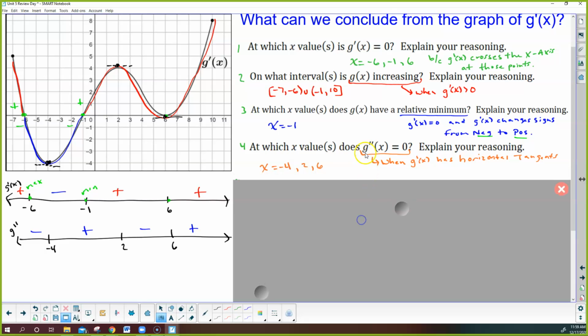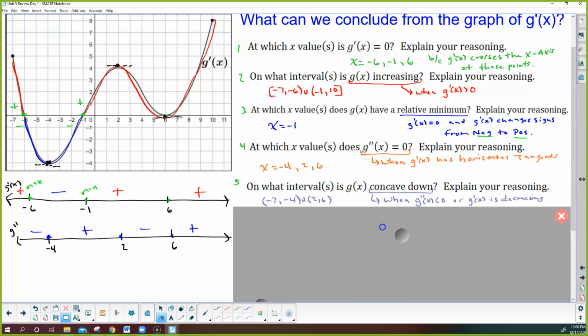At which values does g prime equal 0? Well, anytime there was a horizontal tangent of g prime, these 3 spots, -4, 2, 6, that's when g prime has horizontal tangents. All right, and now notice how quick this is.